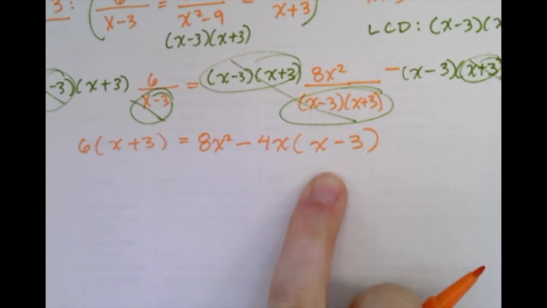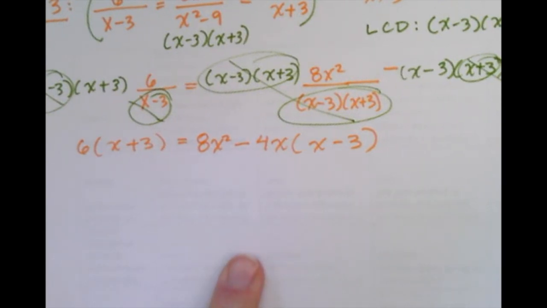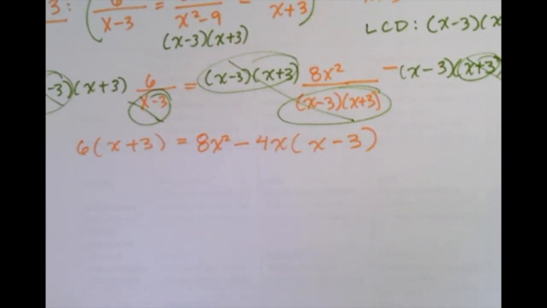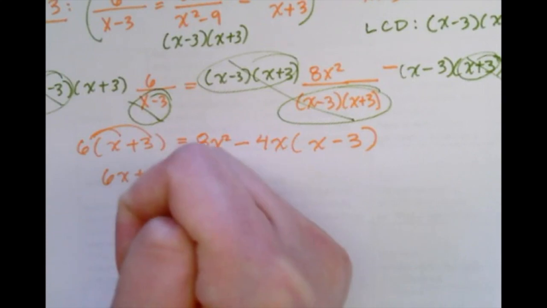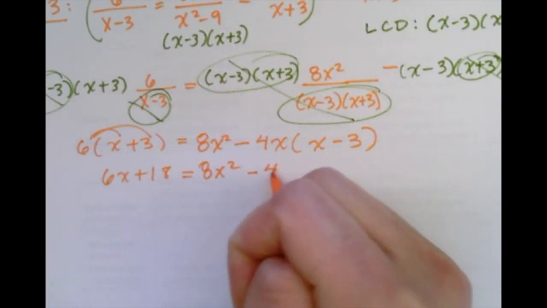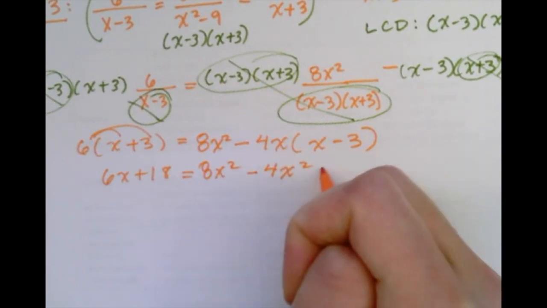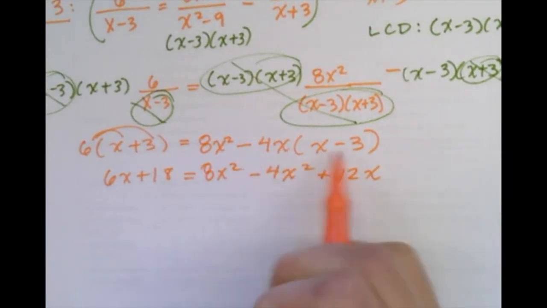Now we just have what looks like some sort of quadratic equation that I can try to get everything over to one side and then try to factor. Okay, so I have some distributing to do first. I'm going to do this quickly. So we get 6x plus 18 is equal to 8x squared minus 4x squared plus 12x, because this is negative times negative.